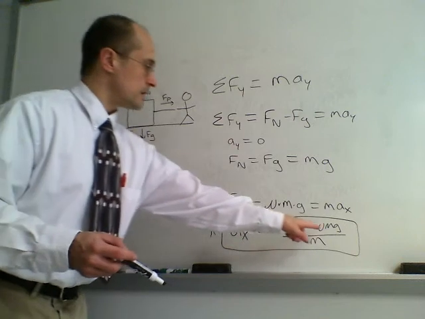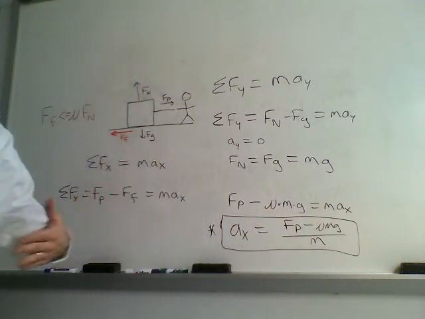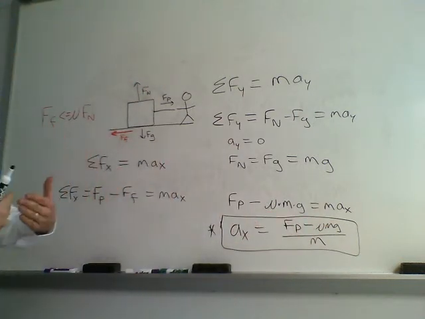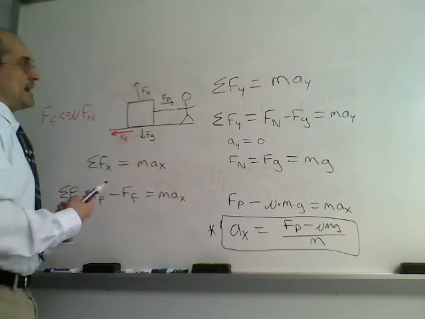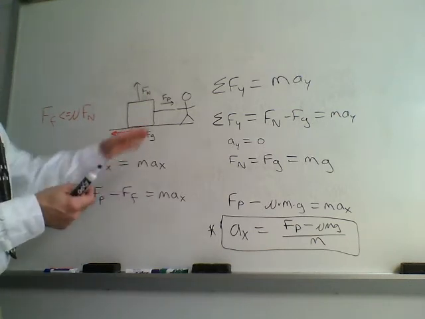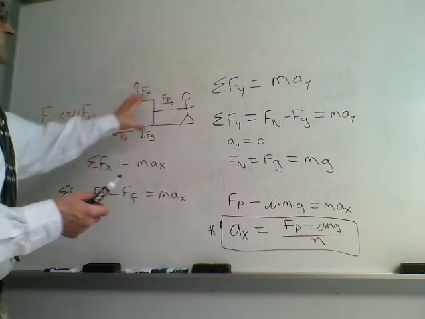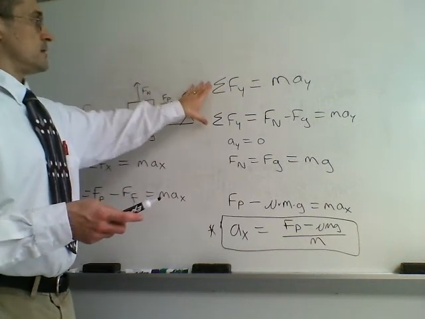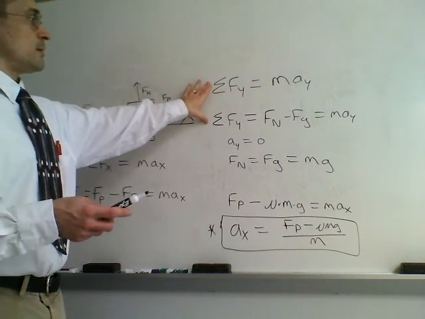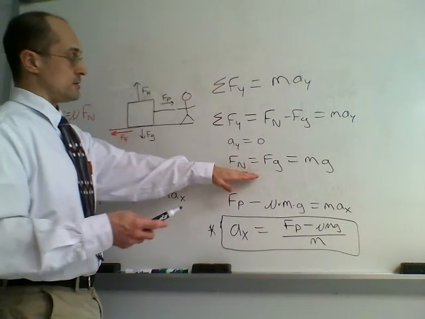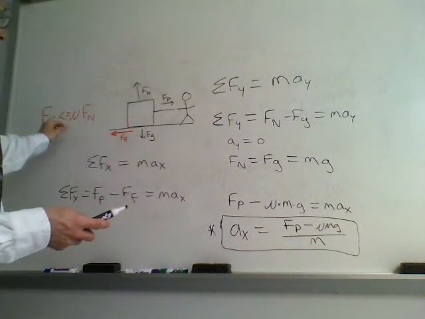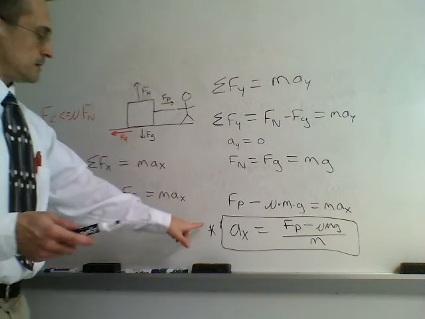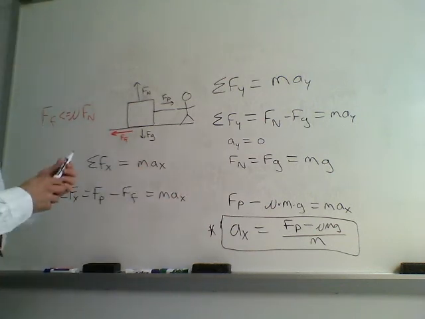If it isn't larger than mu mg, the box will sit there because the friction force matches your pull up to that value. So when we introduce friction into the system, it's a good thing that you always sum the forces in the y, because now you need to know the normal force in order to calculate the friction force to study the motion in the x direction.